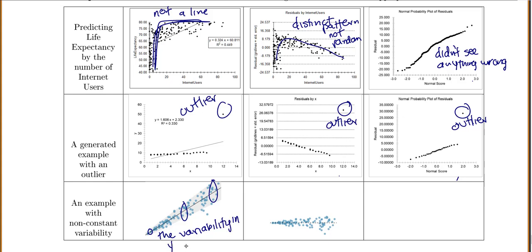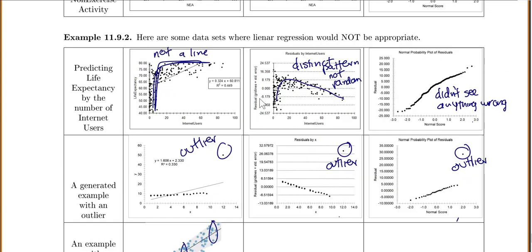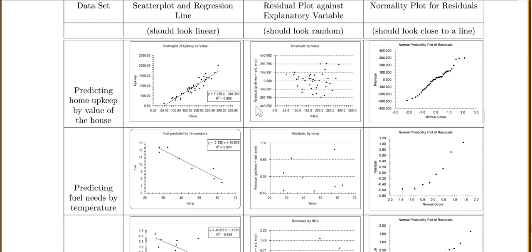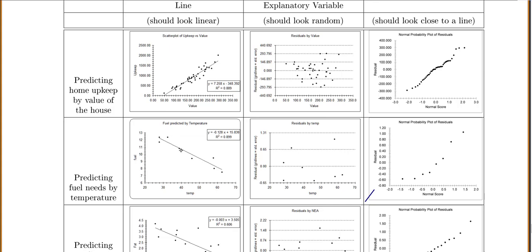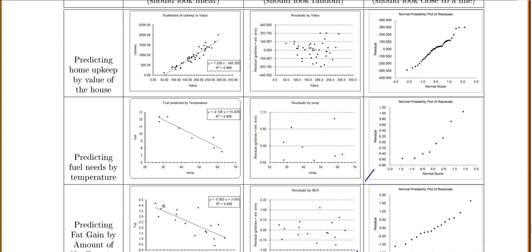So the variability in y gets bigger as you go along the line. Okay, that's bad. You're supposed to have it be about the same. So coming back up here, it's not exactly the same, but it's not too bad. If I drew a band like this, it'd be about the same for the whole thing.